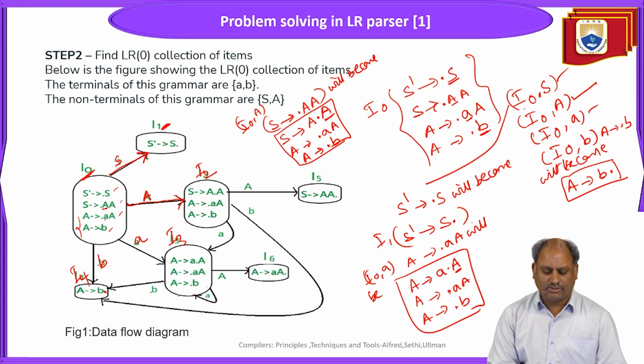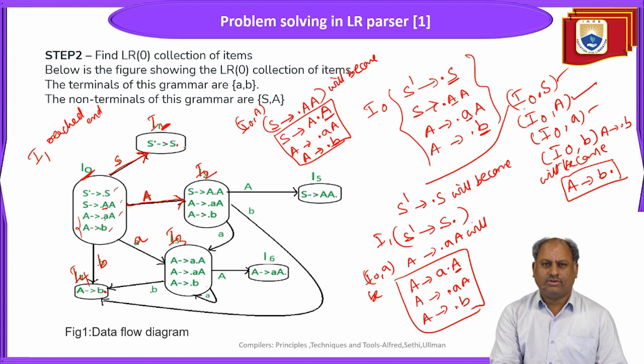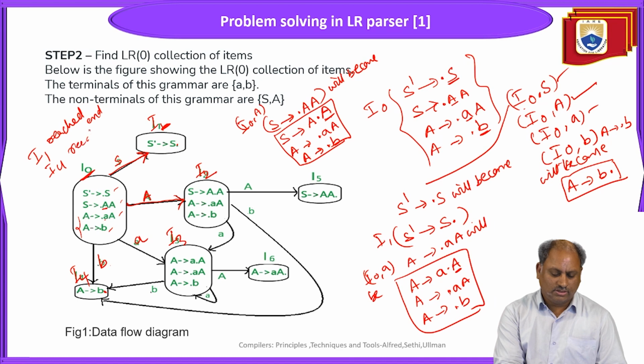We have stopped this. Now we have the states I1, I2, I3, I4. Out of these, I1 has reached the end state, which means after the dot symbol there is no further symbol, so we can say it is the end. The state is to be stopped at this point. I2 is not an end, I3 is also not, and I4 has also reached the end.